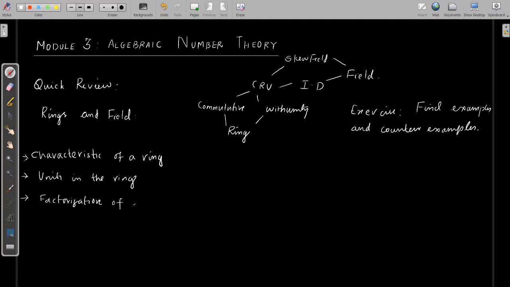Another important idea is factorization of elements. We know that polynomials play an important role in algebraic number theory. The polynomial rings are important examples as well. So you must review polynomial factorization, and as a consequence we can discuss irreducible polynomials.